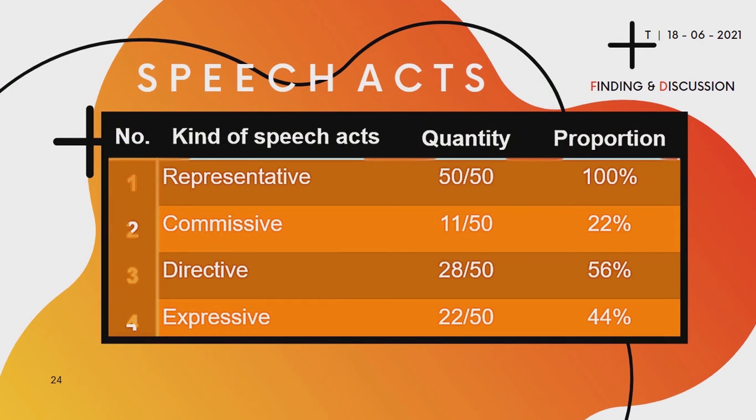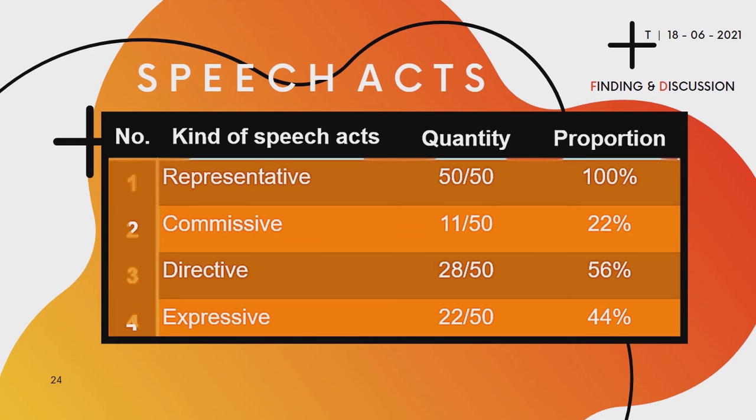Speech acts. The main aim of speech acts is to explore the actual aim of an utterance or words. So I have to say that speech acts are really important in our life.